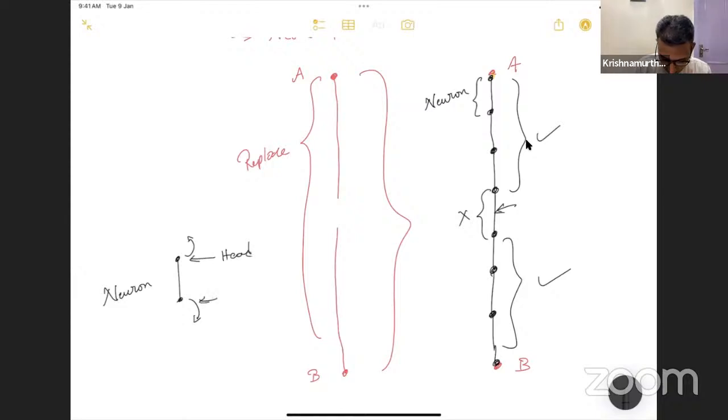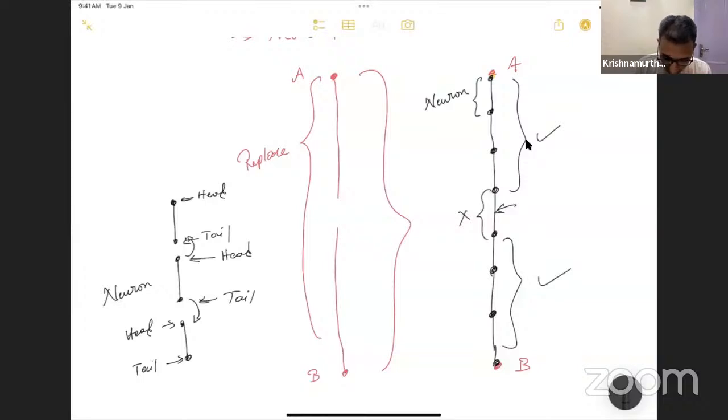And this is called as tail. Okay. So this is head and tail.